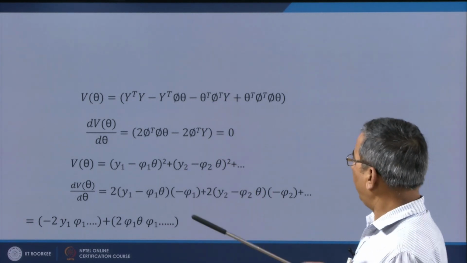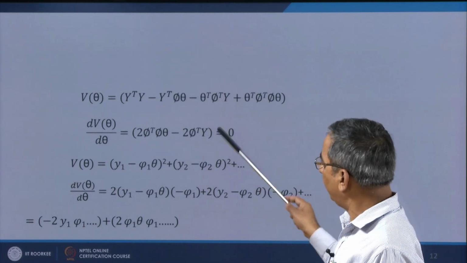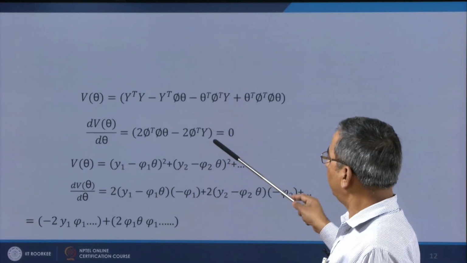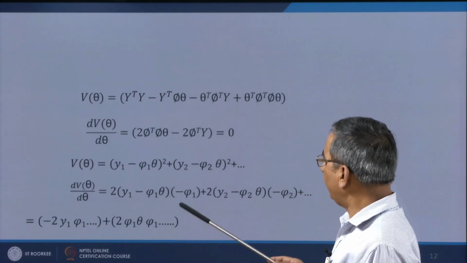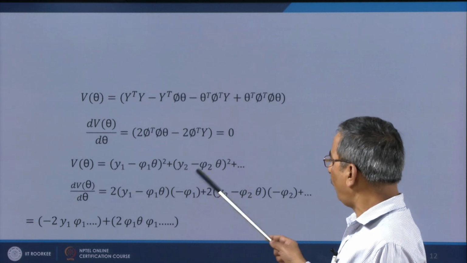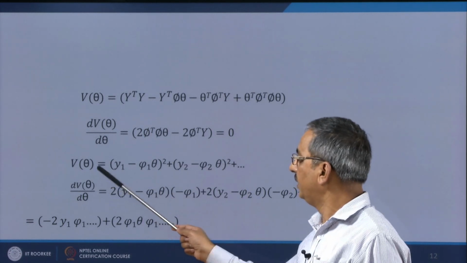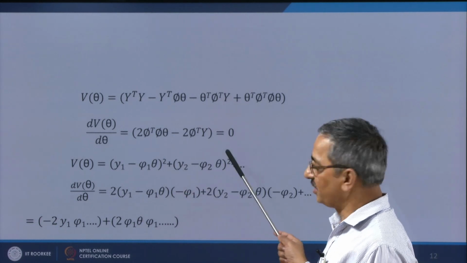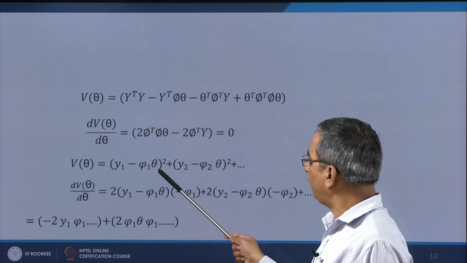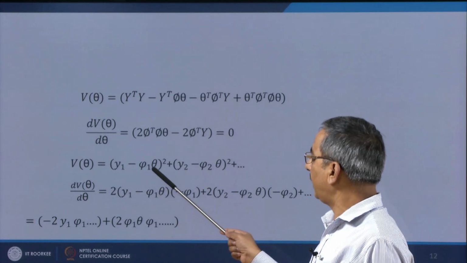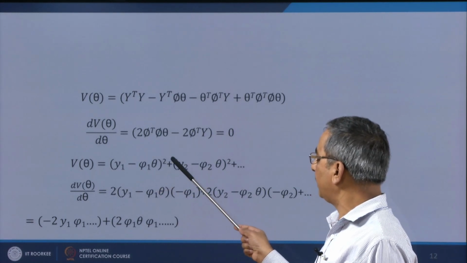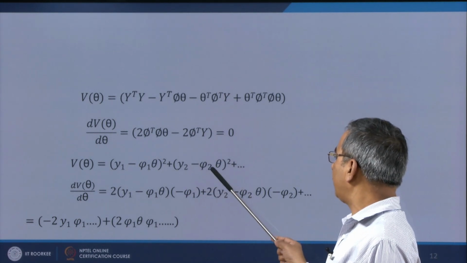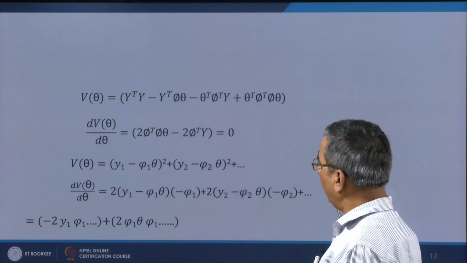Now, if you have an understanding of differentiation in this form, then you can take the scalar form. V theta was, if you remember, the summation of the errors square. So, this is actually E1 square, that is (y1 minus phi 1 theta) square. This is the second error square term, (y2 minus phi 2 theta) square, and so on. Okay.